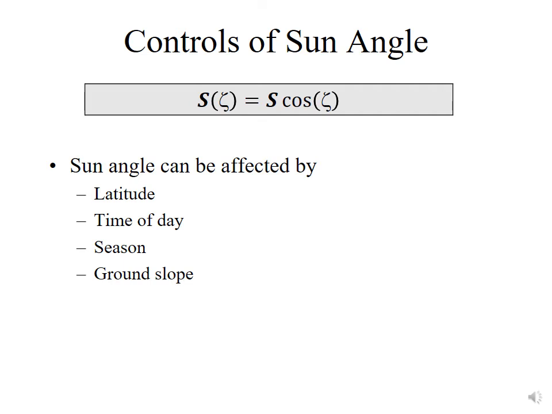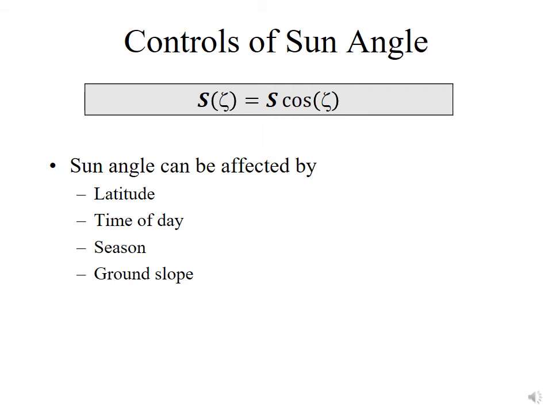So we can have a mathematical relationship for that, where if S is the amount of sunlight that you receive as a function of zenith angle, that is going to be equal to the amount of solar radiation that you receive at the top of the atmosphere times the cosine of the zenith angle. So when the zenith angle is 0, the cosine of 0 is 1, and you get the maximum amount of radiation.